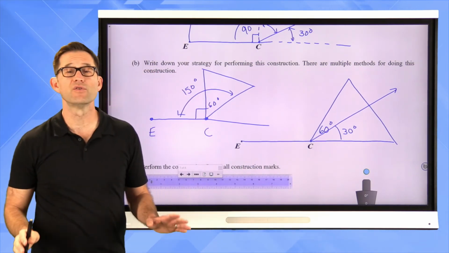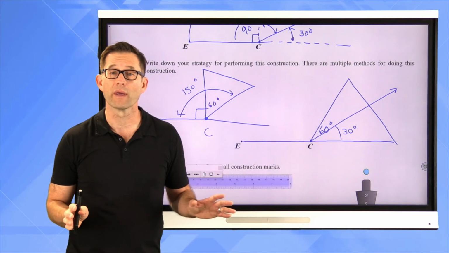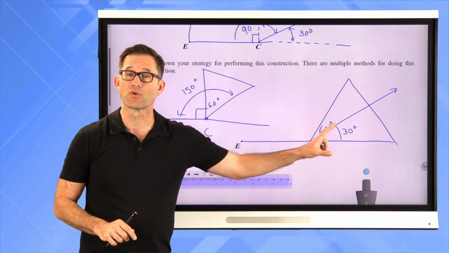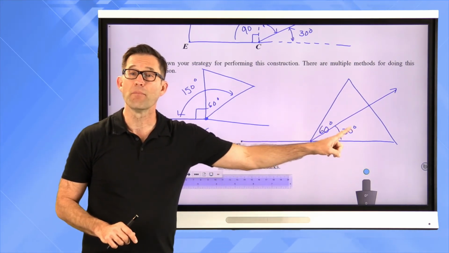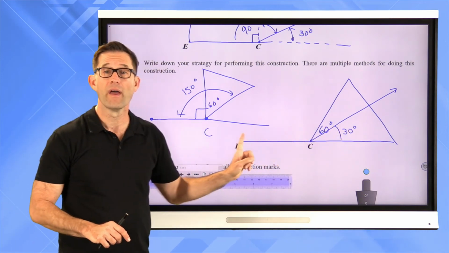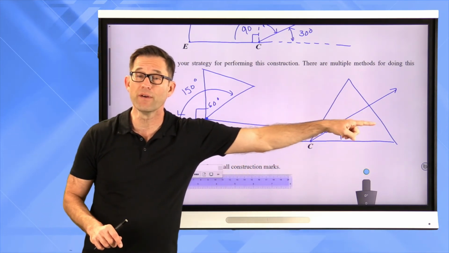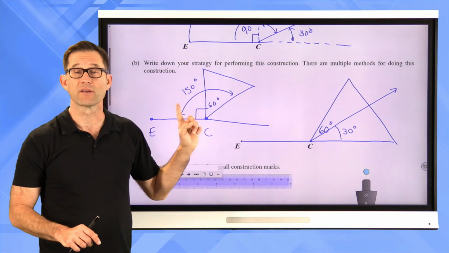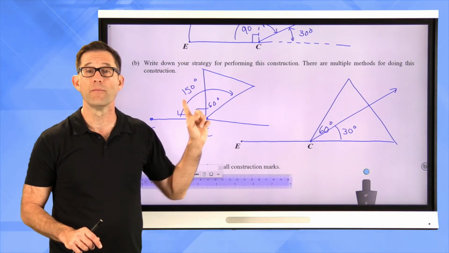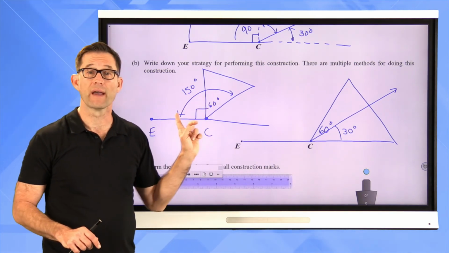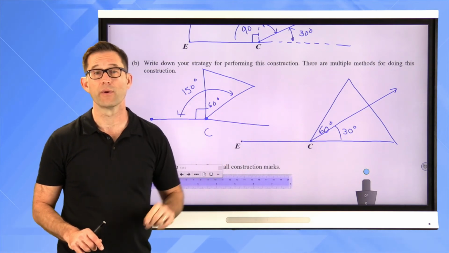So to me, those are the two most straightforward ways of doing it. One way is constructing a 60-degree angle, then bisecting it to get a 30-degree angle, and therefore having that 150-degree angle. The other way is to construct a 90-degree angle, then construct a 60-degree angle, which gives you the 150-degree angle.